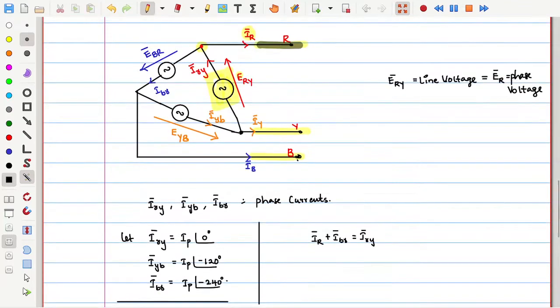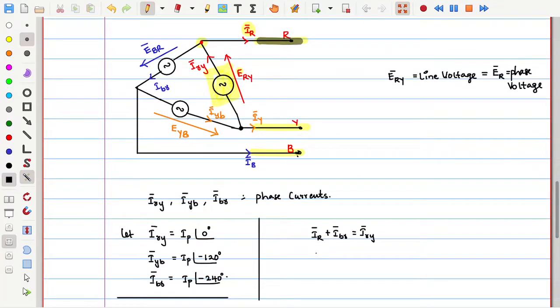Next, at the Y node, can I write it this way? IY is leaving, and what else is leaving? IRY is leaving. So what is entering at this node? IYB. The sum of the entering currents is equal to the sum of the leaving currents. With that formulation, I am writing this.